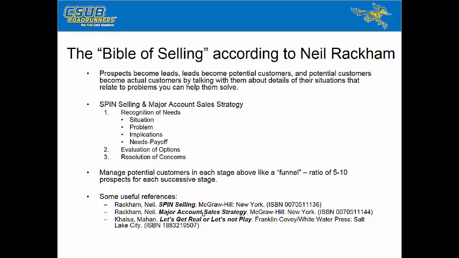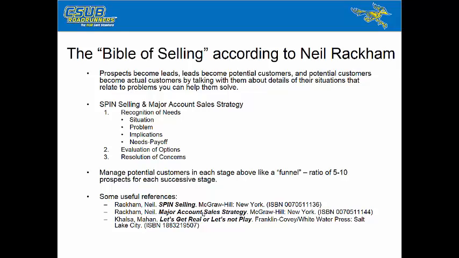In this system, when you first start talking to customers, they're in a phase of decision making called recognition of needs, and there are 4 different types of questions that you ask people when they're in that stage of the decision making process.